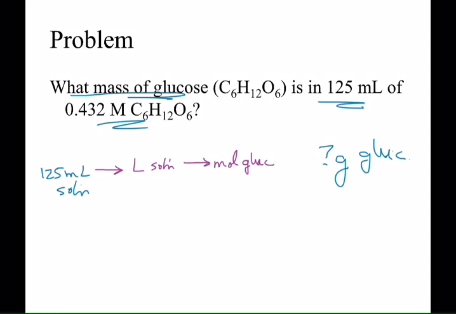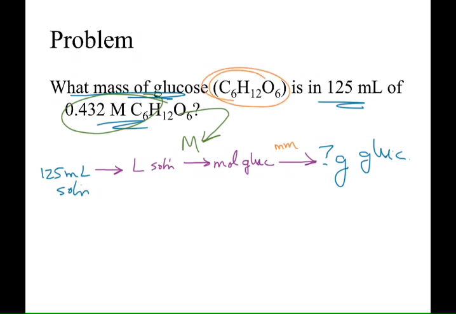And I can do that using the molarity. Okay, that's our link between moles and liters of solution. And then how am I going to get from moles of glucose to grams of glucose? Using glucose's molar mass. So that's why we needed the formula, and we're going to use a periodic table to get the molar mass.